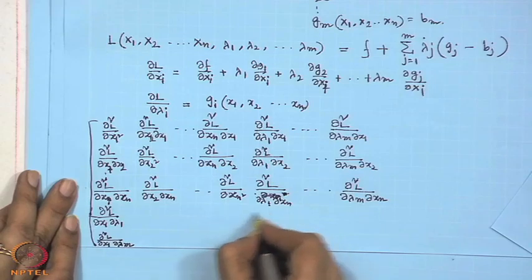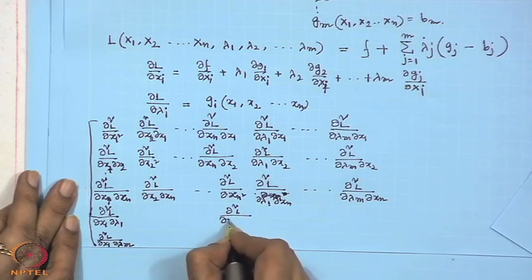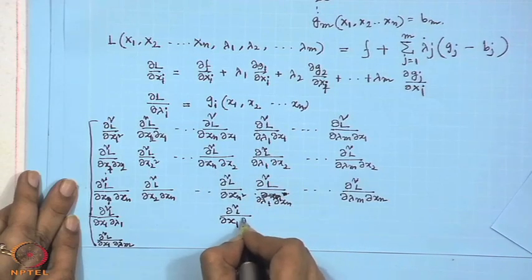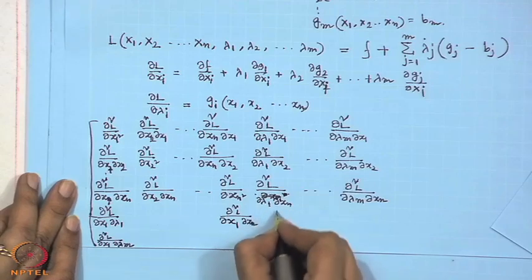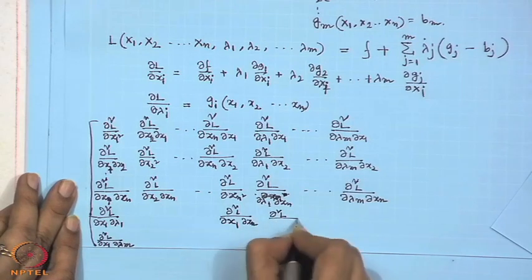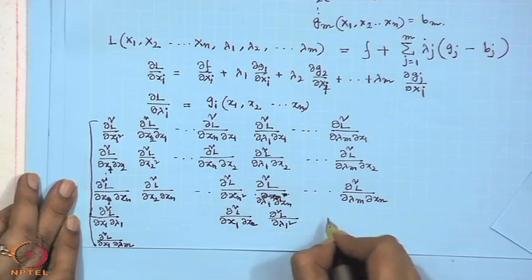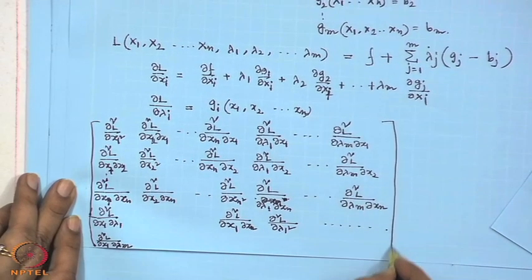This term would be del 2L by del x1 del xn, and this would be del 2L by del lambda 1 square, and it goes further and further. Whatever I have written in the matrix, let us try to evaluate all the values next.